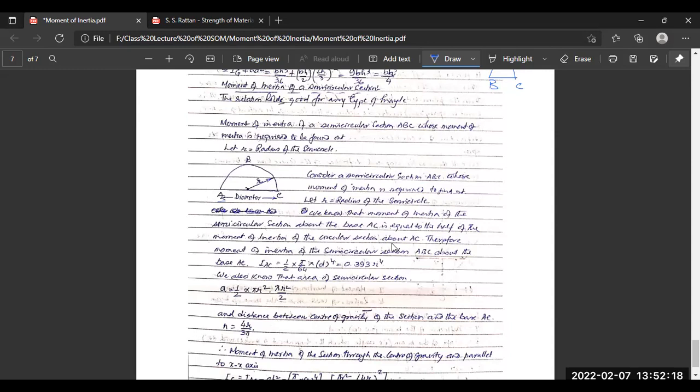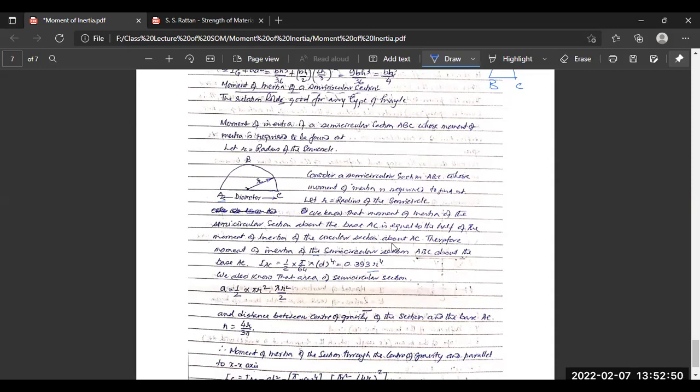Let r be the radius of the semicircle. We know that the moment of inertia of the semicircular section about the base AC is half of the moment of inertia of the circular section about the same line AC. Therefore, the moment of inertia of the semicircular section ABC about the base AC will be half of pi by 64 d to the power 4, or 0.393 r to the power 4.